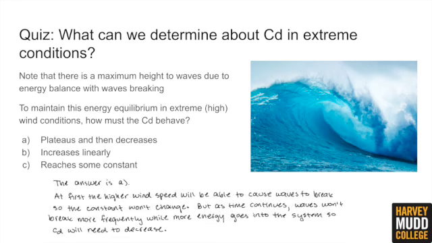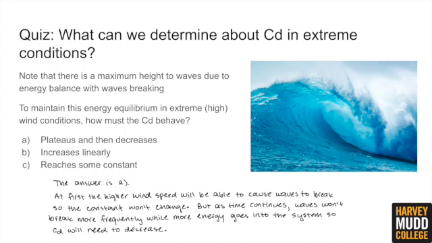So the answer is A. At first, the higher wind speed will be able to cause waves to break, so the constant won't change. So basically, as that wind speed increases, more and more waves are going to accelerate their top over their bottom and just start to break, and it will keep this energy balance going. But as time continues, waves aren't going to be able to break more frequently, right?